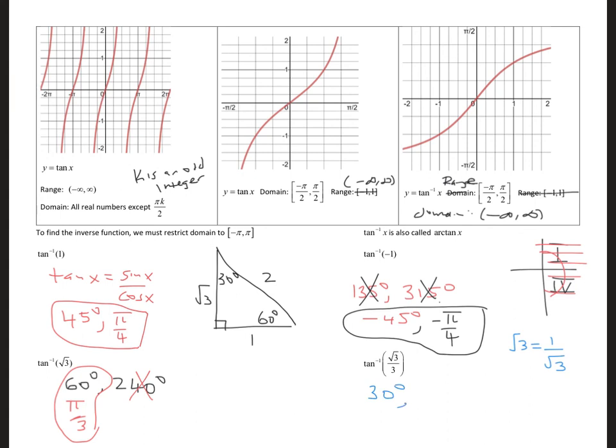And which other angle? We are also going to have an angle in quadrant 3 because tan is positive in quadrant 3. And that angle is going to be 210 degrees. But which one meets the criteria for the range? It has to be between negative 90 and 90 degrees. So it's 30 degrees. And 30 degrees is the same as pi over 6.